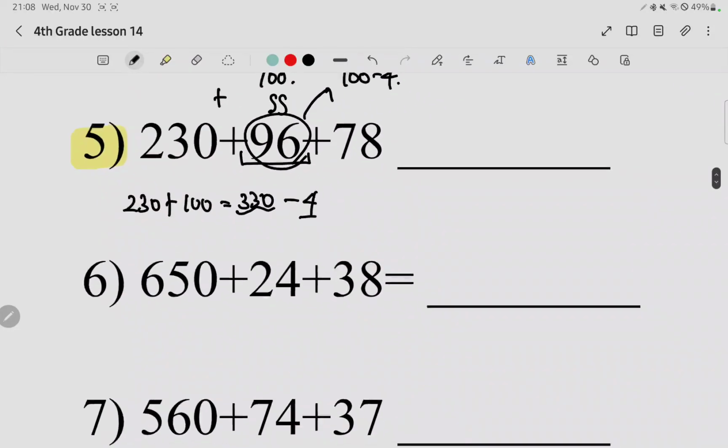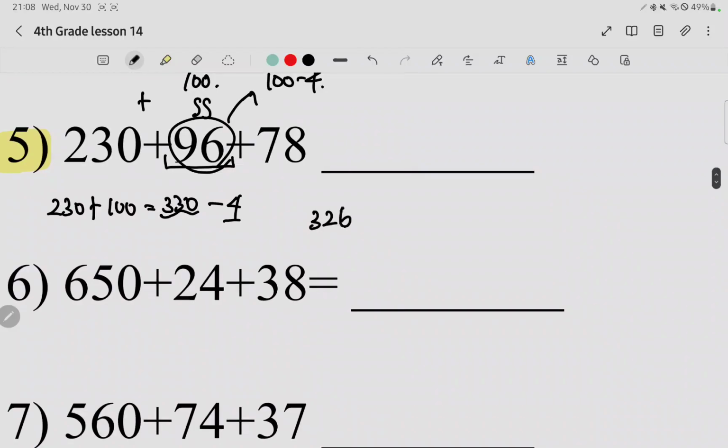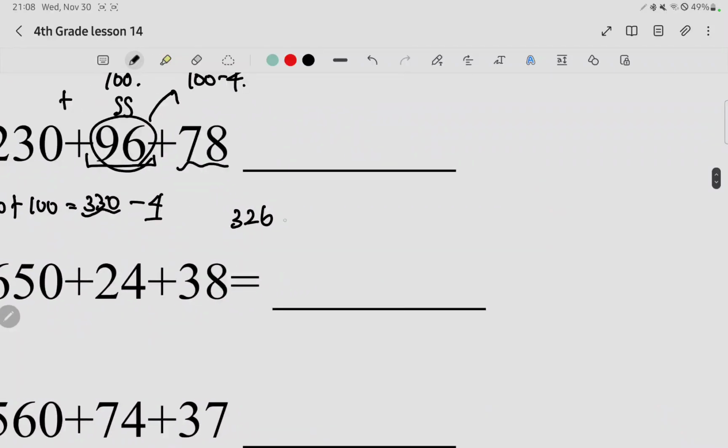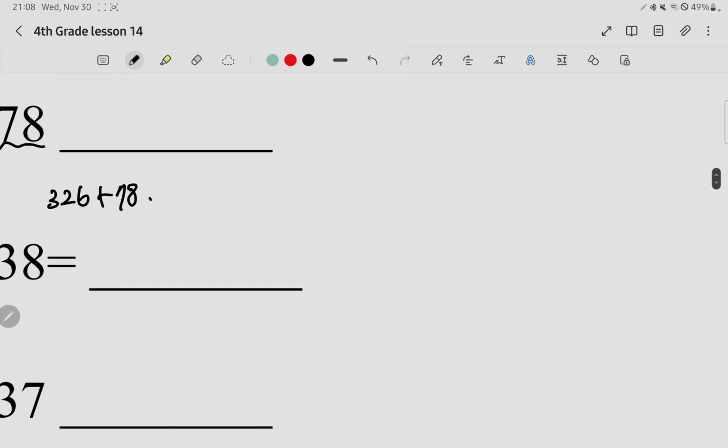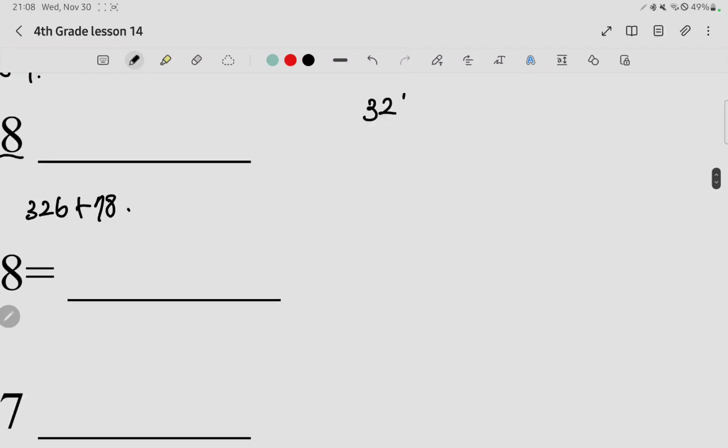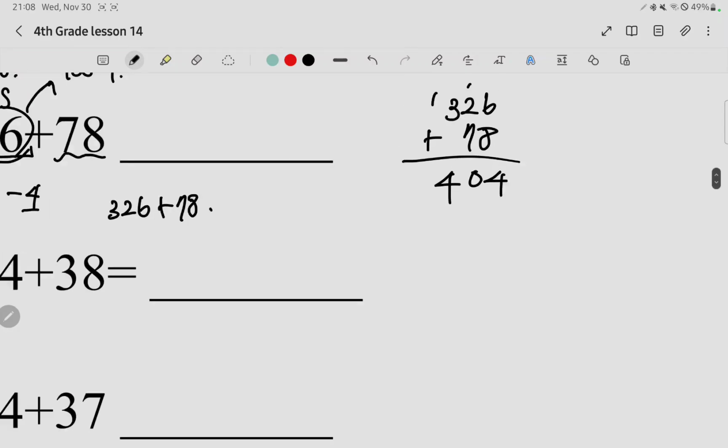So 330 minus 4 is 326, and then you're only left with 78. So 326 plus 78, 6 plus 8 is 14, 1 plus 2 plus 7 is 10, so this will become 404.